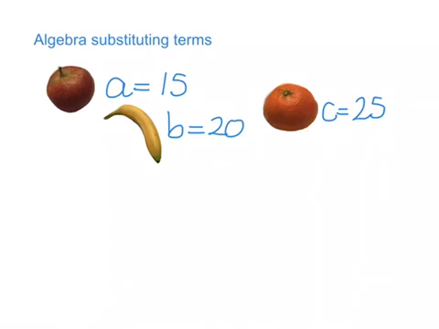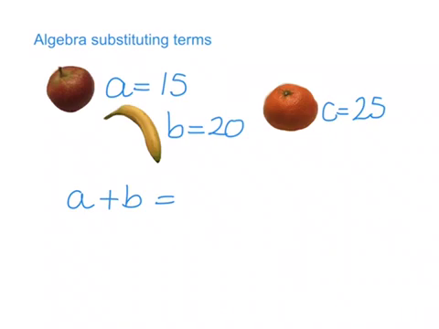If I am asked to substitute the terms, I've been given the value of the individual terms, and I would have been given an expression something like this. A plus B is equal to what? I know that A is 15 and B is 20. If I'm substituting in the terms, I'm just putting that information in.